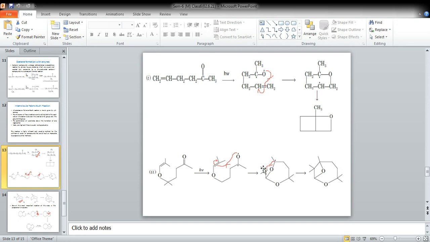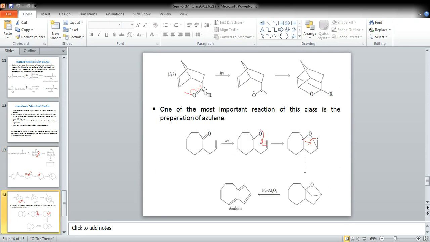And in the next step, both these free radicals will combine directly to give us this particular oxetane. So this is the beauty of the oxetane reaction. Similarly, in this particular bicyclic compound, the same reaction will follow. So we get these free radicals from the excited carbonyl compound. This excited carbonyl compound will react with this C=C to give us this particular oxetane ring.